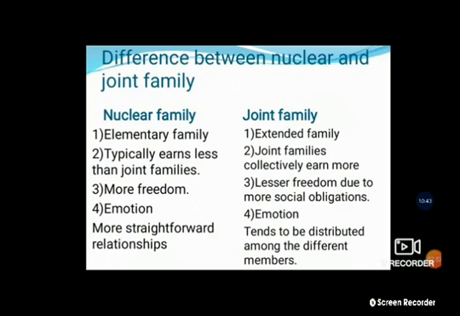In a joint family, so many people are living, so while father and mother go outside for jobs, we can be cared for by other people also. That's why a joint family is better than a nuclear family in caring and other purposes.